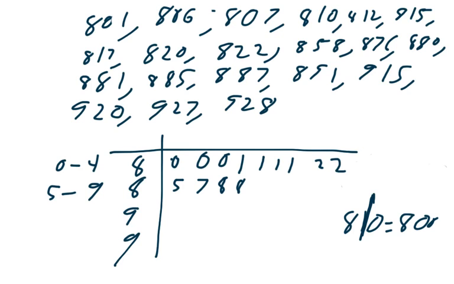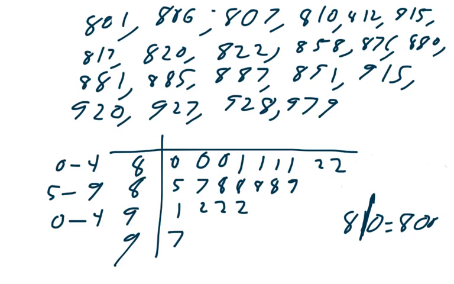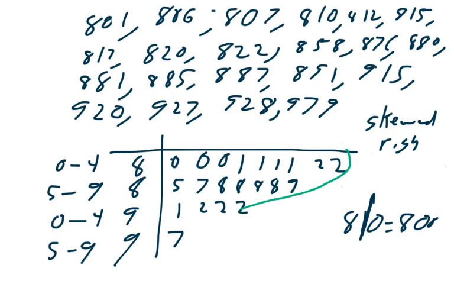How many 8s? 1, 2, 3, 4 8s. 9. 9, 15, so this would be 0 to 4 again. 1, and let me put like 979 over here just so we can have one for the bottom row. 1, 2, 2, 2, 7. So basically you split up into 5 and 5 just so we can see this, and this one would definitely be skewed to the right because the pattern goes more data at the bottom than there is at the top.